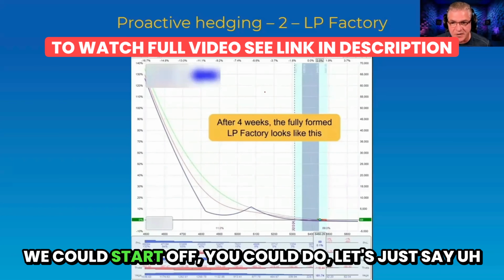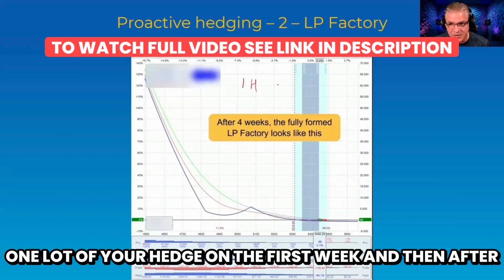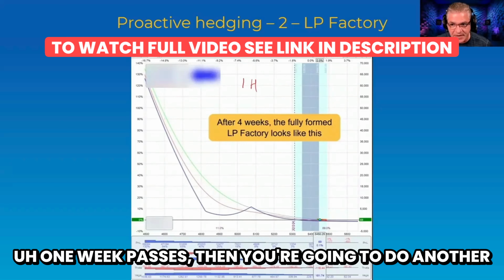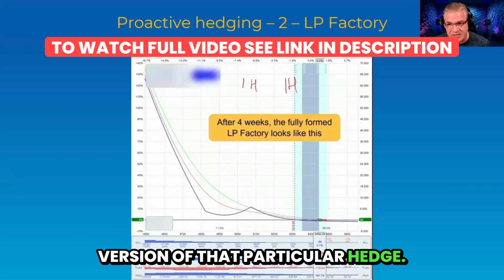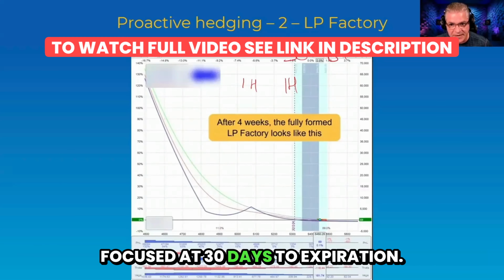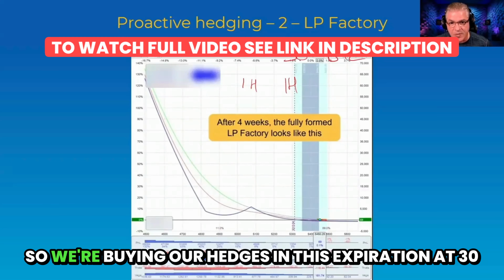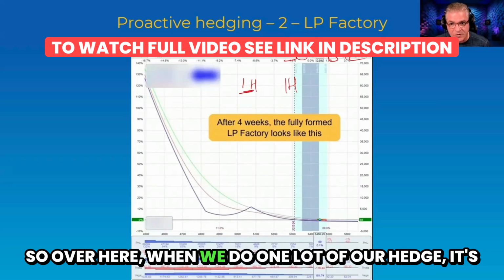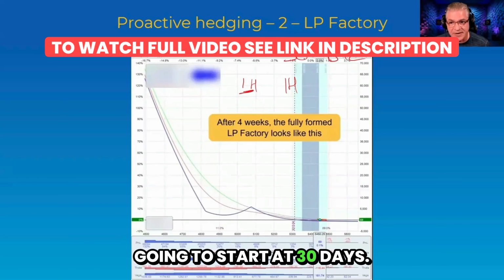So we could start off, let's just say, with one lot of your hedge on the first week, and then after the 1 week passes, you're going to do another version of that particular hedge. In this particular example, let's just say that we're focused at 30 days to expiration. So we're buying our hedges in this expiration at 30 days, okay? So over here, when we do one lot of our hedge, it's going to start at 30 days.